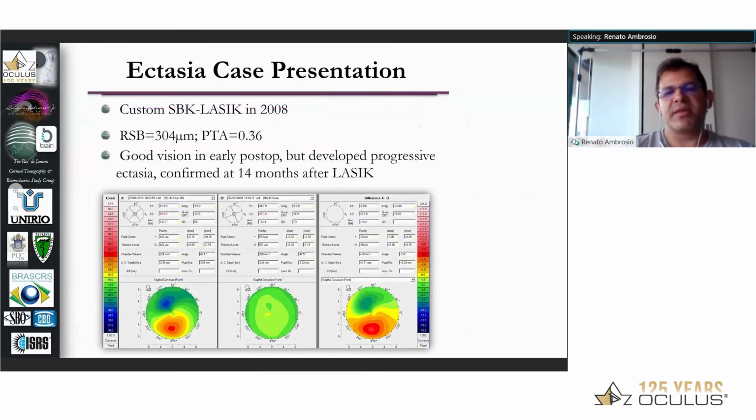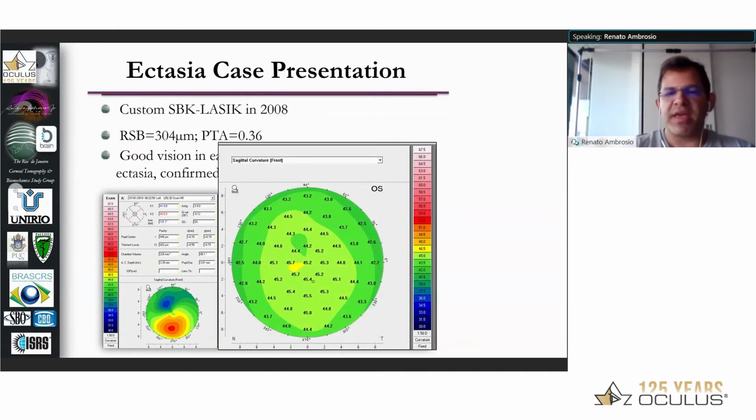In situations like this one, in which the patient had LASIK with a thin flap and PTA of 0.36, a little bit of a yellow in this 1.5 scale from Smolek and Klyce, a lot of people would say, now that I know that there is ectasia after LASIK, this is pathognomonic of forme fruste keratoconus.